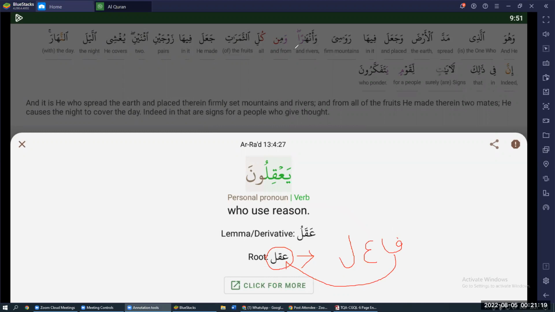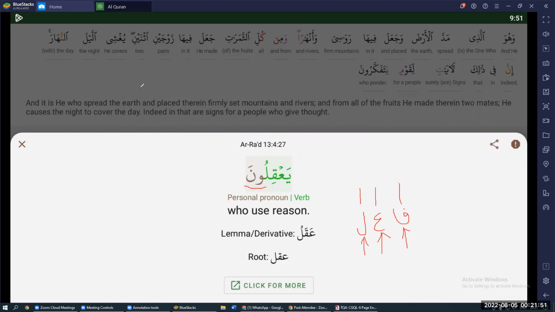So any word in Arabic will have three roots, and they are fa, ain, and lam. Have you understood this concept? We give a formula: this is fa kalima, this is ain kalima, and this is lam kalima. Fa is the first radical, ain the second radical, lam the last, third radical.